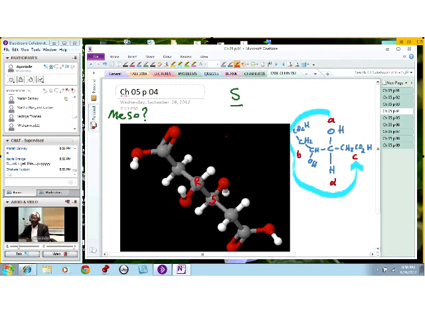One is R, one is S. Therefore, this molecule is a meso molecule because these two chirality carbons have opposite absolute configuration, and also because each one of these carbons is attached to the same groups or atoms. Keep that in mind. Is that clear to you?